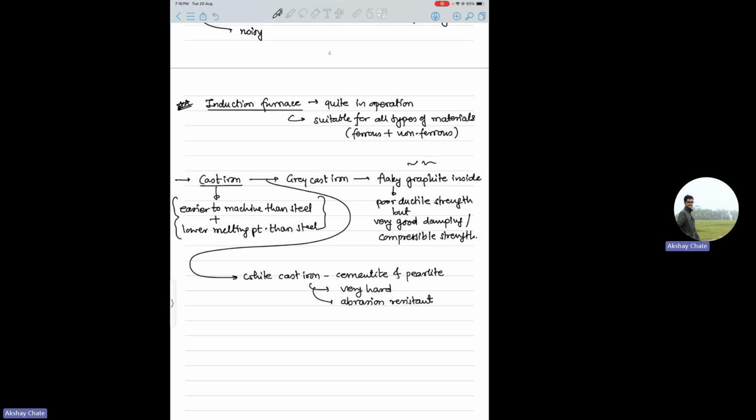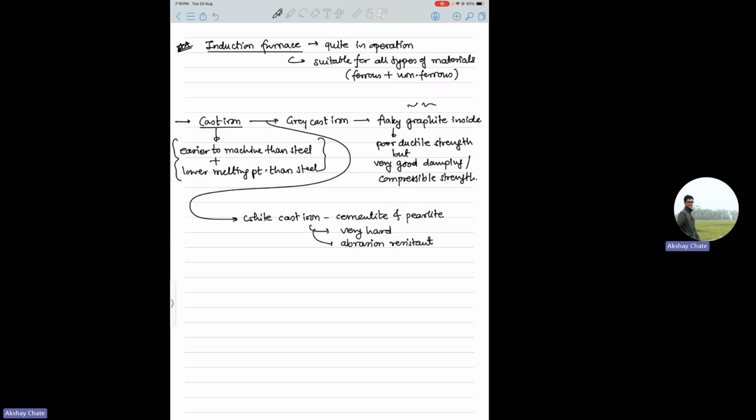And since it is hard, sometimes it is used at high temperatures also to maintain hardness. It also has a high compressive strength. Not damping, but compression is okay, as in the case of grey cast iron. And since it's hard, it's difficult to machine. In general, as compared to steel, cast irons are machinable, but it also depends how easy or how difficult it is.